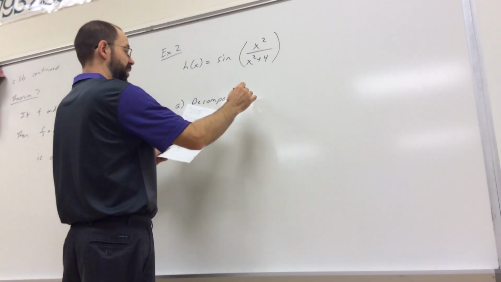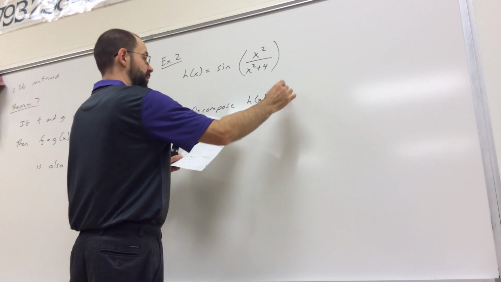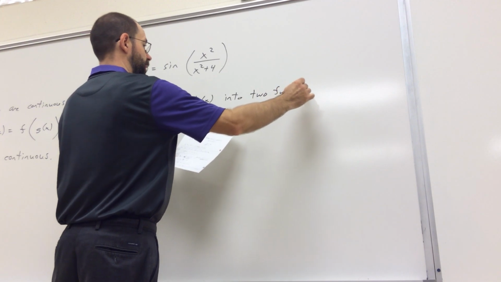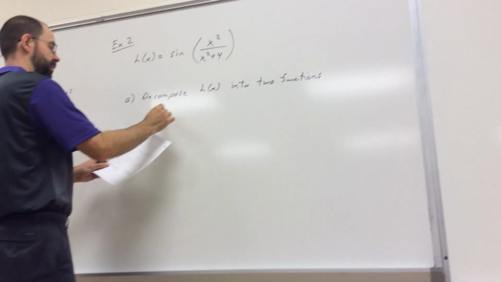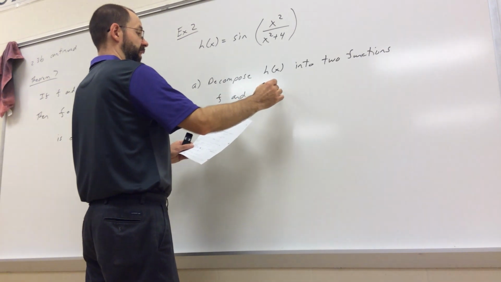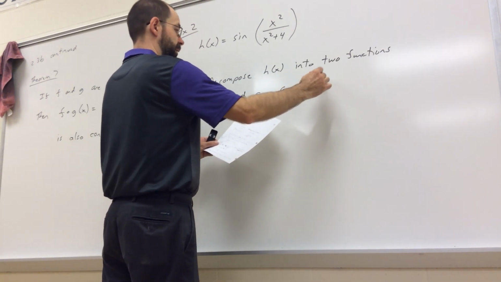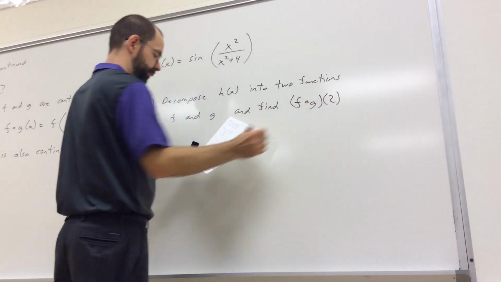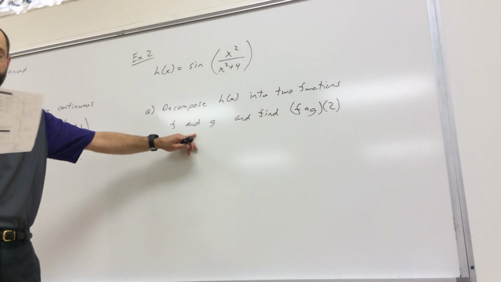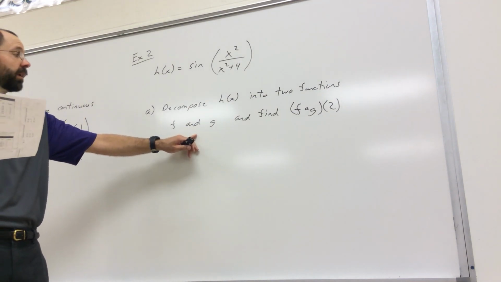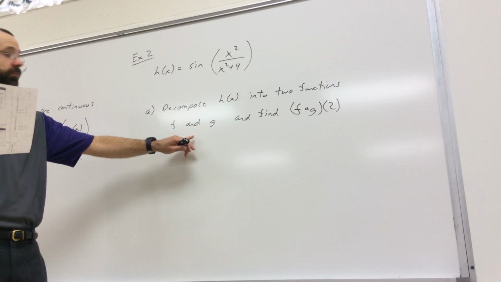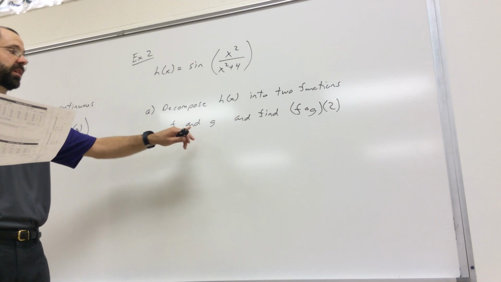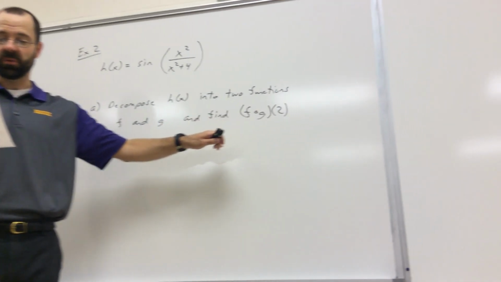We're going to decompose h into two functions, f and g, and then find f of g of 2. That's for part A. So we have this function h. And we're going to first decompose it into two functions, f and g, and then we're going to find f of g of 2.